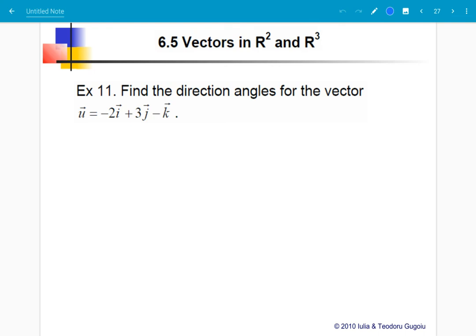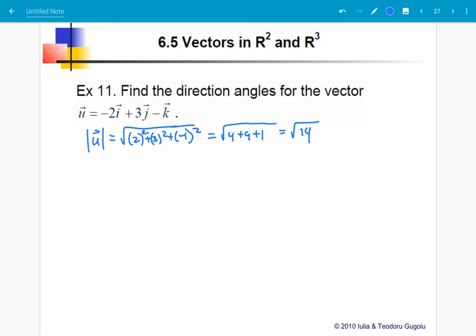Example 11, find the direction angles for the vector. The magnitude of u would be the root of 2 squared plus 3 squared plus negative 1 squared, which is the root of 4 plus 9 plus 1, root 14.